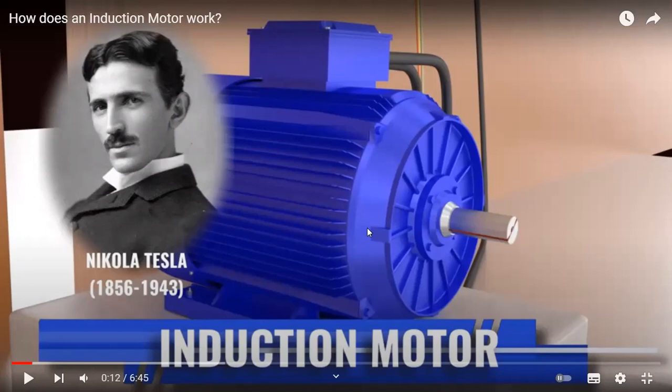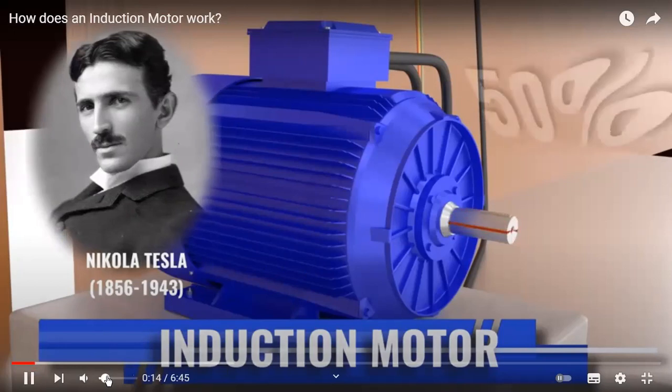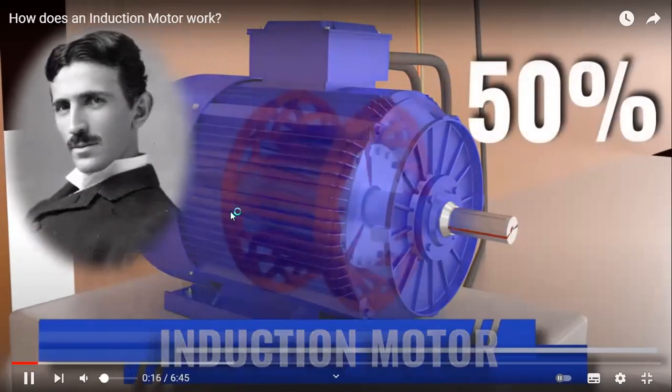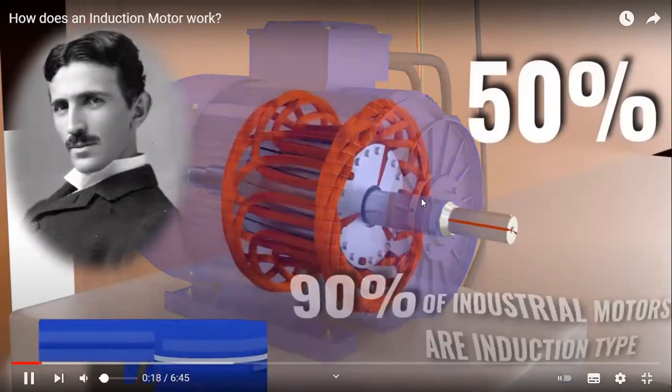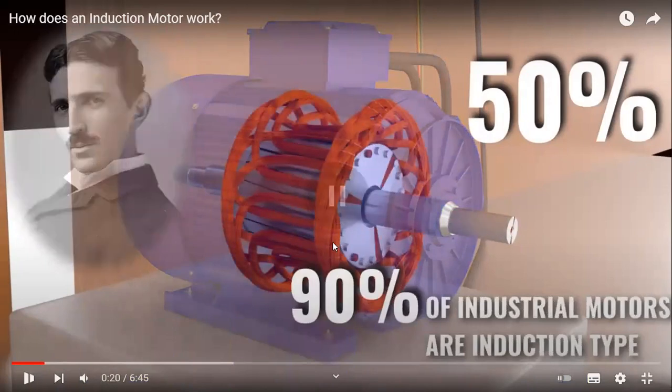Now come to the induction motor. 50% of the power consumption of the world is due to the induction motor. इस दुनिया में जितना भी पावर कंजम्पशन होता है उसका 50% is consumed by the induction motor.